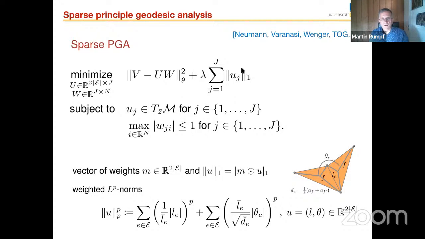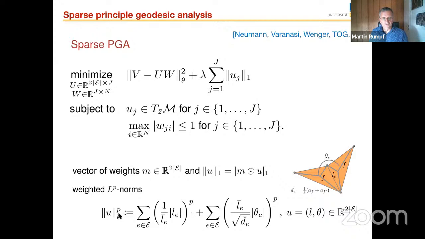And then in this L1 norm, it's not a good idea to use just the little L1 norm of all the components. In particular, the theta components have a completely different meaning than the edge-length components. So therefore, we think about physically suitable weightings.